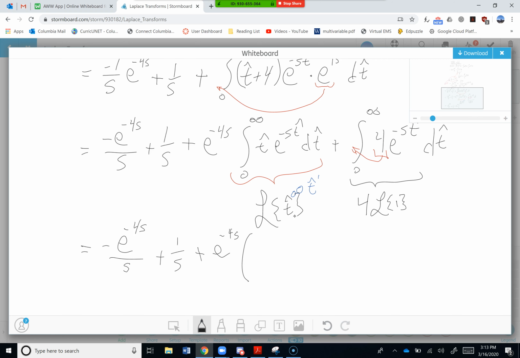Oh, whoops. I lost a set of parentheses earlier. So I got e to the minus 4s times 1 over s squared plus 4. And then I need the Laplace transform of 1, which is 1 over s. Perfect.